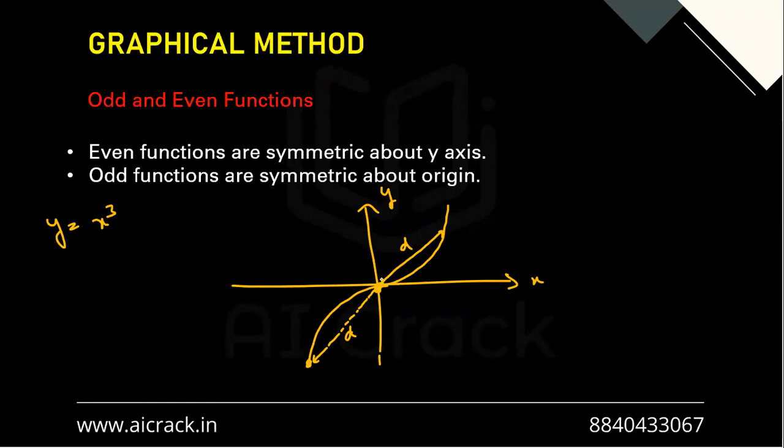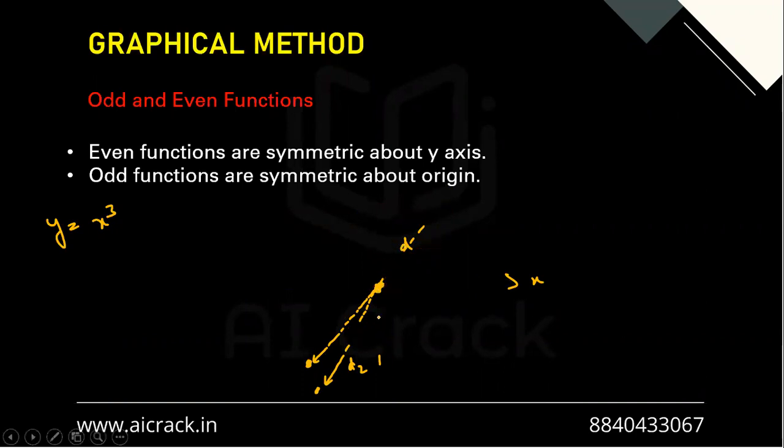So if I take another distance d1 and find a point here, and if I go exactly opposite in the same direction, d2, then again I'll find one point. If that is happening for all the directions and all the distances, then this is called an odd function. This is called being symmetric about the origin, right? Got the example? Now let's take one more example, y equals sin x.